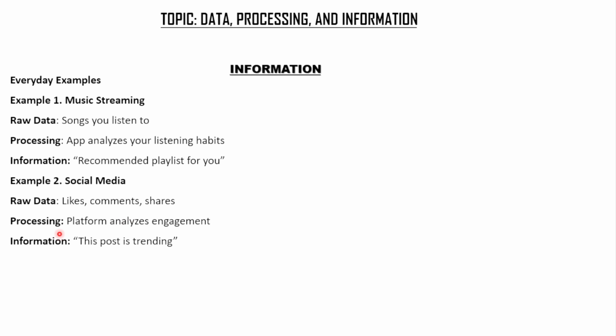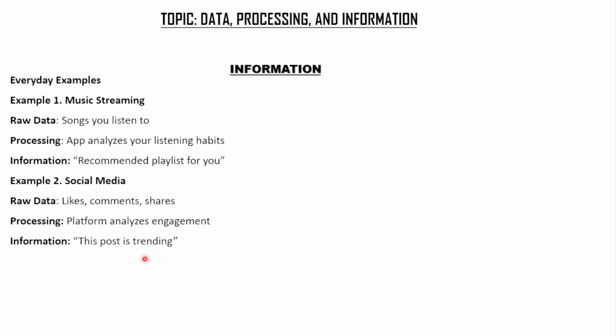So then what? It will process it. The platform analyzes this engagement. Then this post is trending, that's the information based on people's comments and likes, the engagement on that particular post, right? So that's how the computer gets information from your social media activities to recommend what you might like, right?